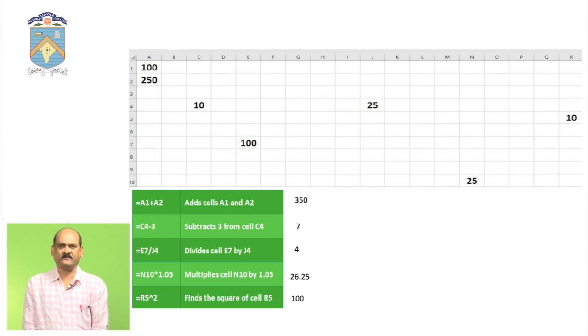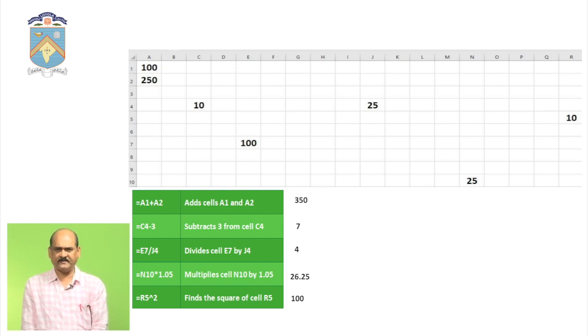This is also a user defined formula. Similarly, the third one is E7 by J4. The content of E7 is 100 and J4 is 25, and this is the case of division and the result is 4.